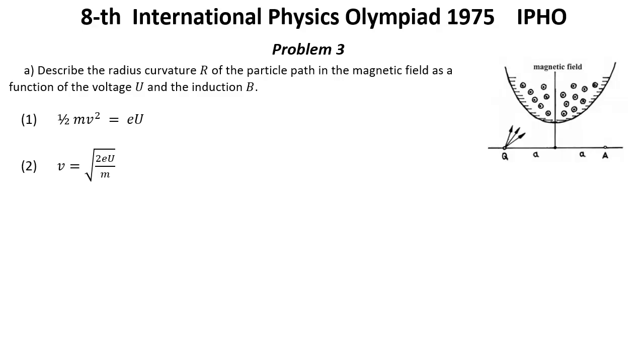Therefore, the paths of the ions are circular with radius R. Lorentz force and the centrifugal force are of the same amount, so we have evB equals mv squared over R. From this equation, the radius of the ion path is calculated: R equals 1 over B multiplied by the square root of 2mU over e. That was the solution for question A.